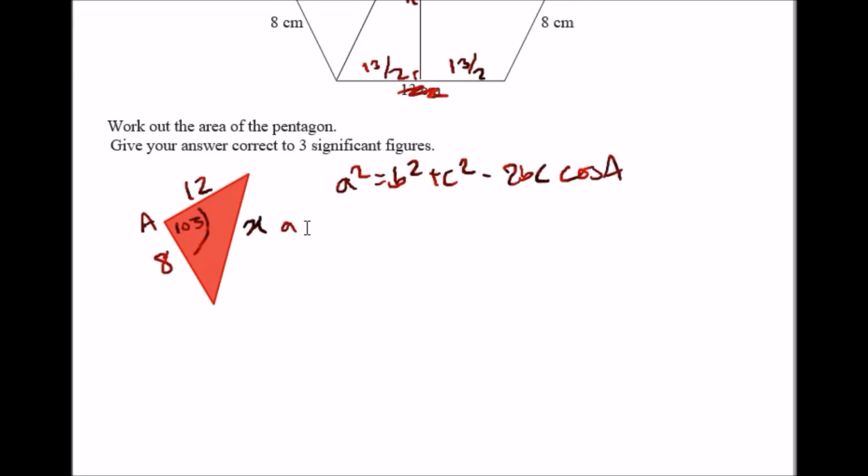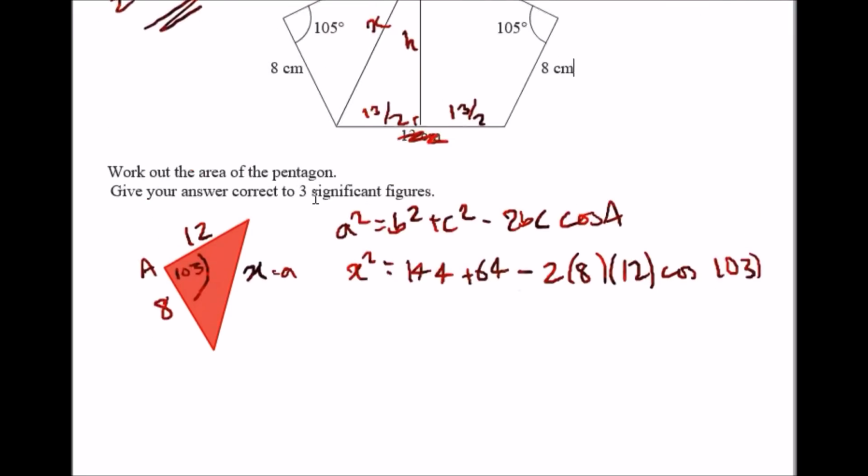So plug everything in, what do we get? a squared is x squared equals, and b and c are interchangeable, so you can pick 12 or 8. So 12 squared, which is 144, plus 8 squared, which is 64, minus 2 times b times c cos 105 or 103? God, I can't tell. My handwriting is awful.